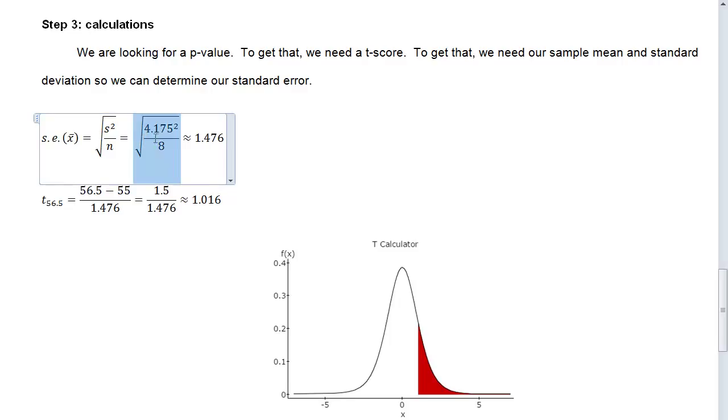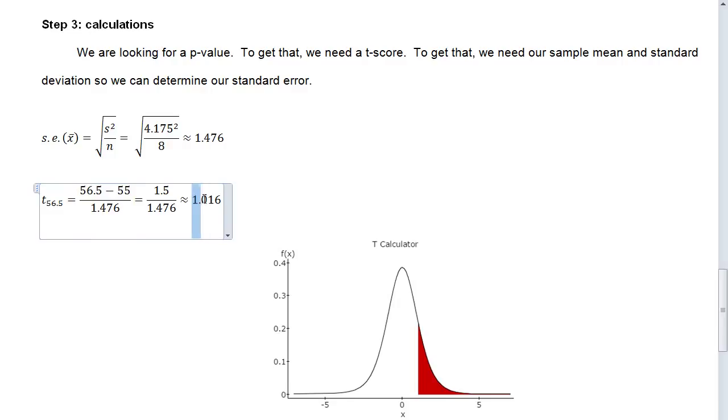All right. Then I simply plug in. Here's our standard deviation for our sample. I'm going to square it, divided by 8, our sample size, and I get approximately 1.476. And of course, you can do that in your calculator. And then of course, my t for the 56.5, that sample mean, is going to be my sample mean minus my population mean, all divided by the 1.476, that standard error.